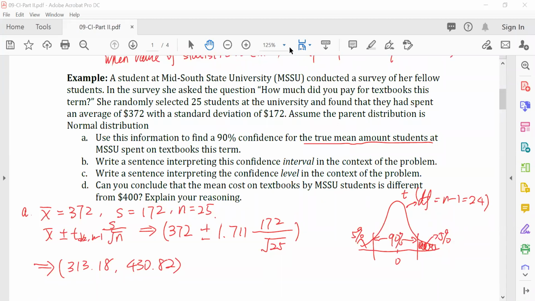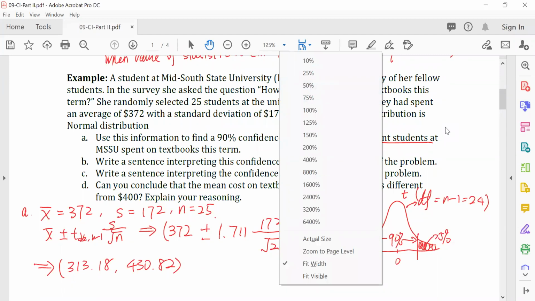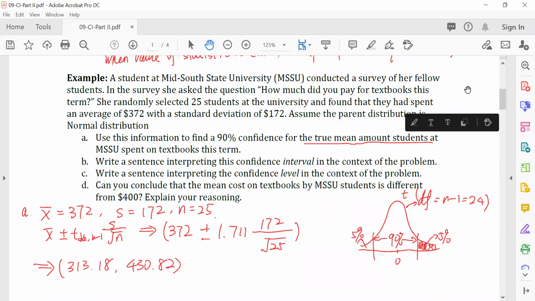How did you get 1.711? That's what we have talked about before, using StatCrunch or the table, right? If you want, I can show you how to use StatCrunch. Could you show us how to do the table? Okay, let's do both.